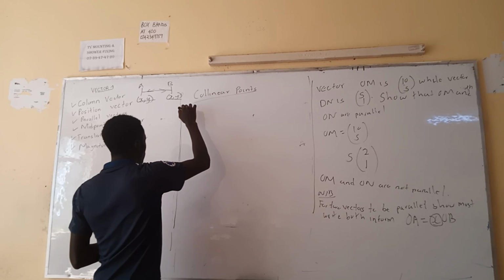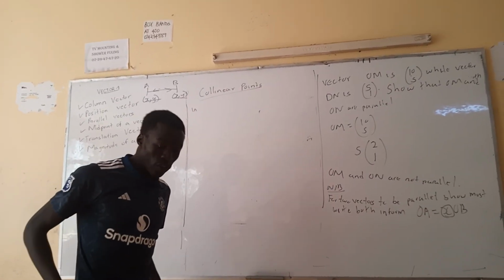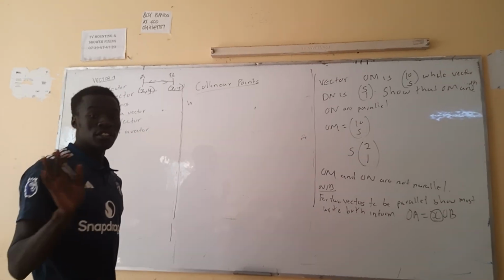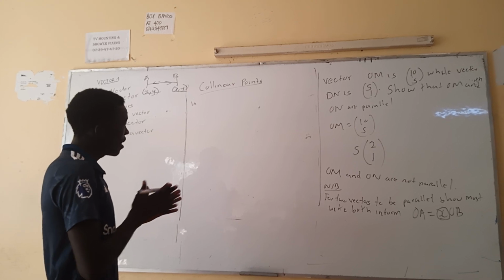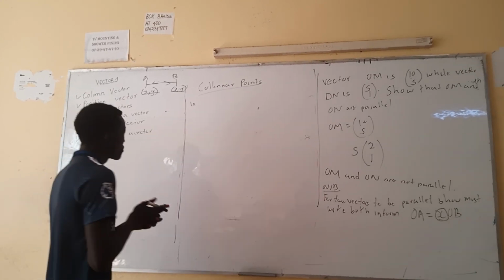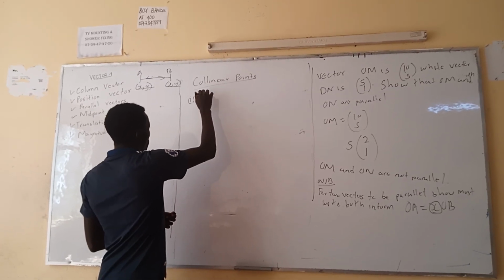So in maths, two points are said to be collinear if they fulfill these two conditions. The first condition is number 1, if they are parallel to each other.